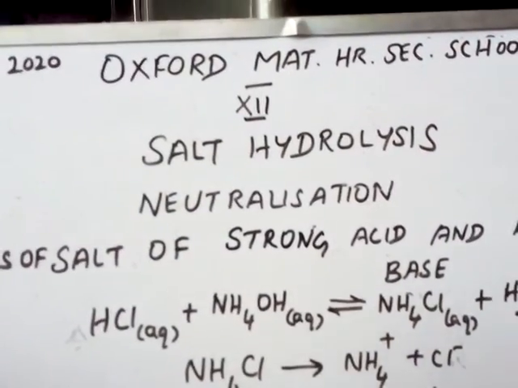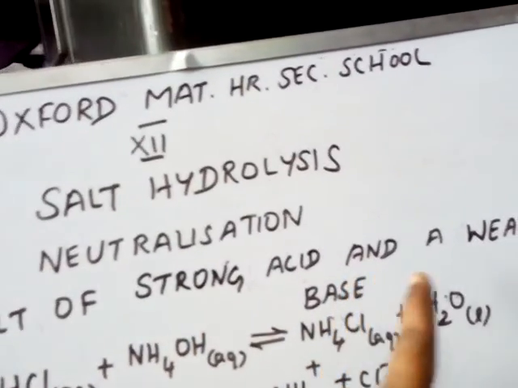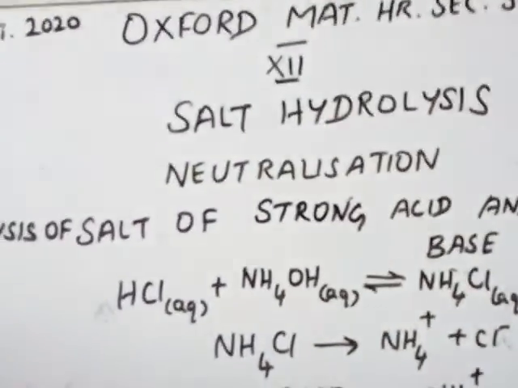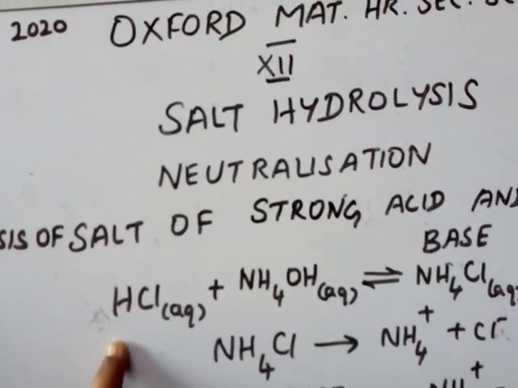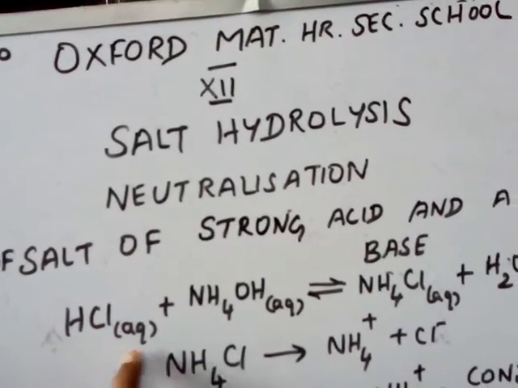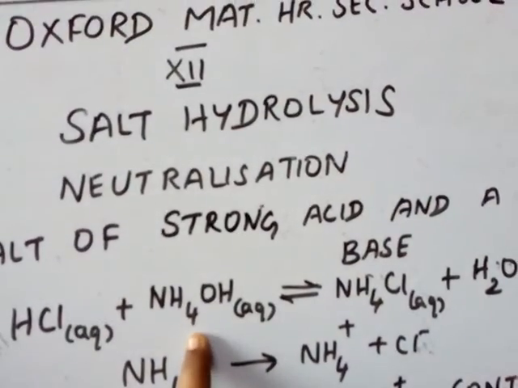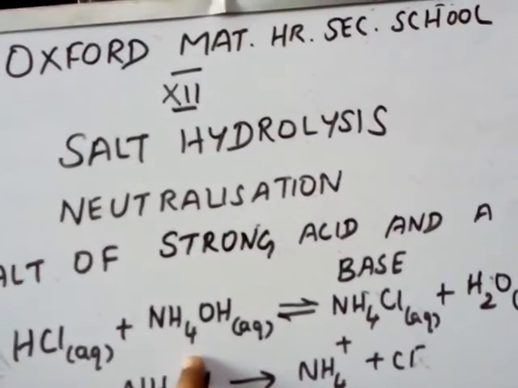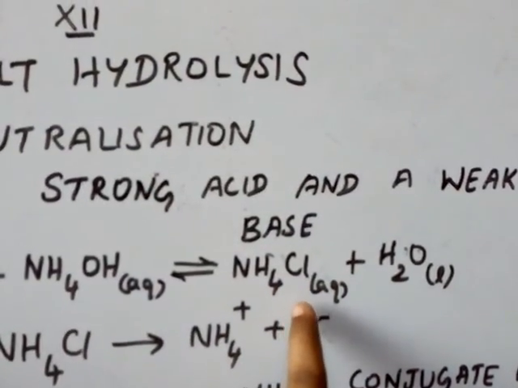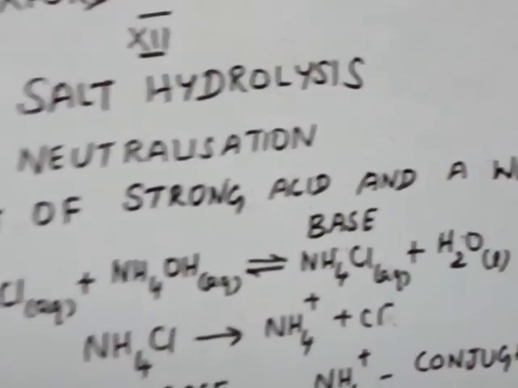Third, hydrolysis of salt of strong acid and a weak base. Here we are taking hydrochloric acid as an example of a strong acid, and for the weak base, ammonium hydroxide. Since the base is weak, we use the reversible sign, so that it forms ammonium chloride, and water is obtained as a byproduct.